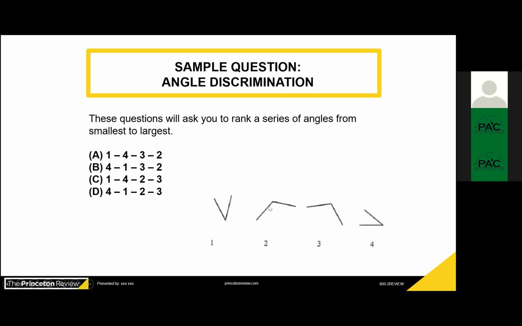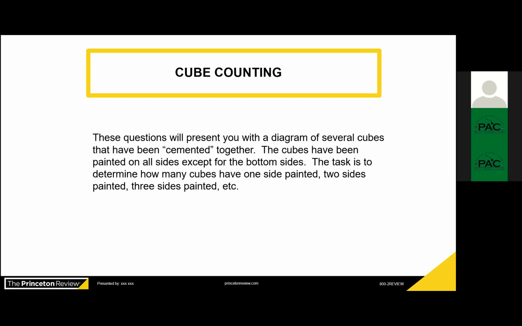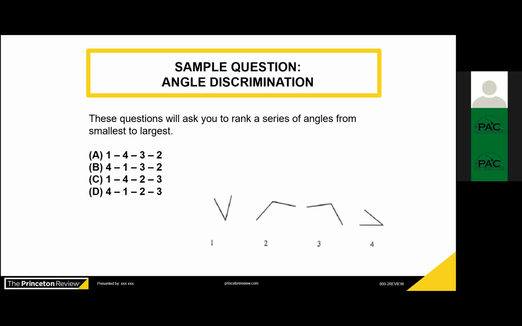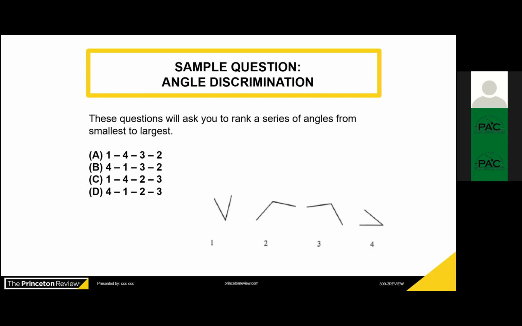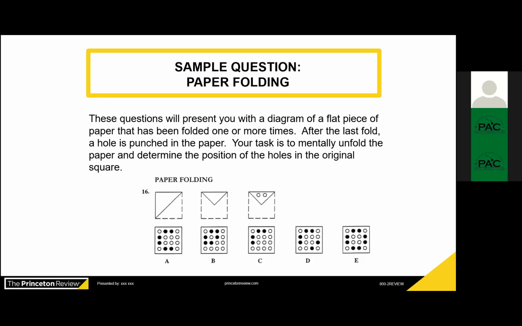So now you have to just use your eyes to try to discriminate between these 2 angles. And oh, where was the answer to that one? Shoot. Okay, I'll make sure that when I provide you with the slides, I'll provide you with the answer as well. So we'll get that fixed later.